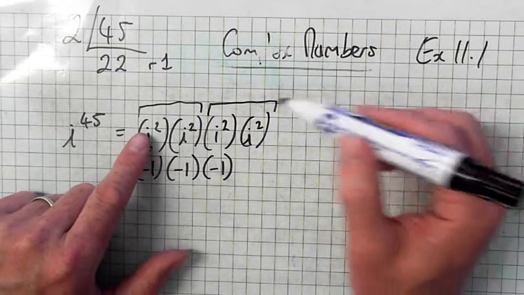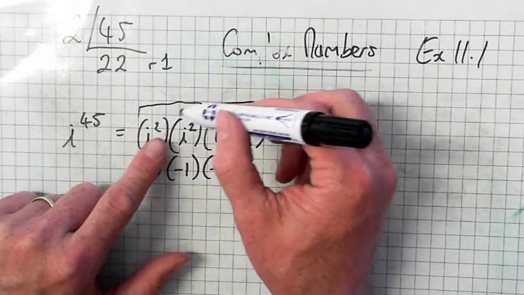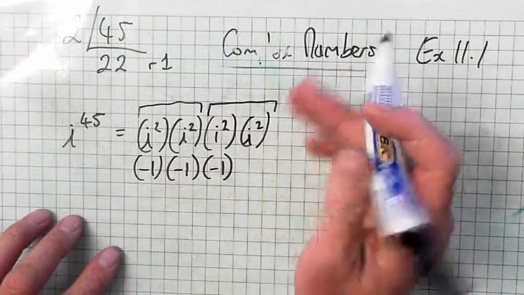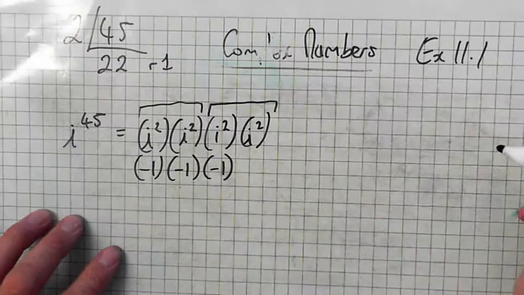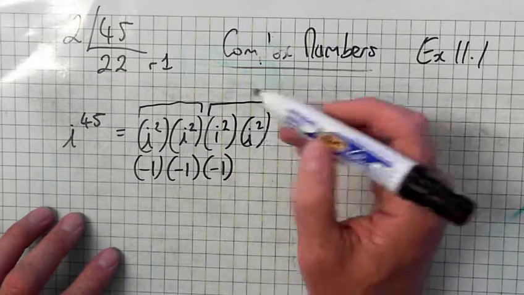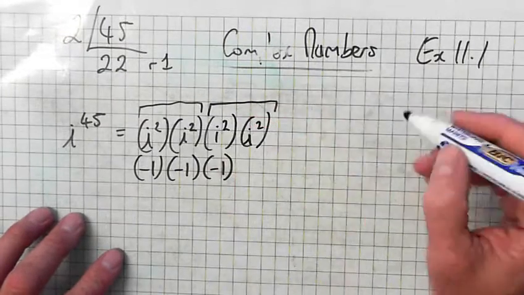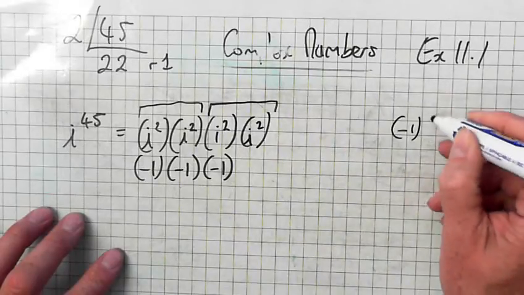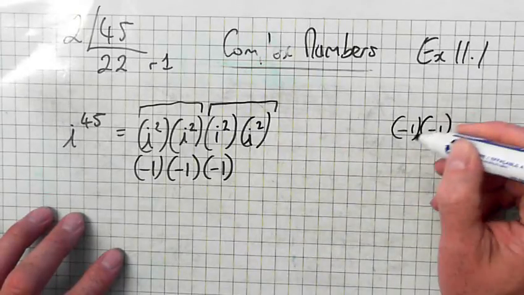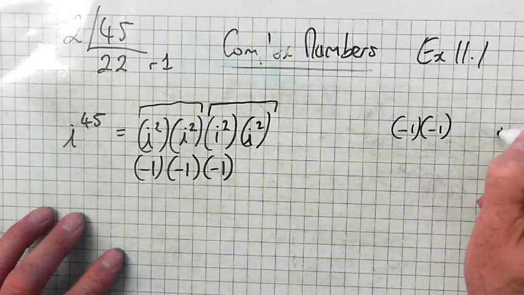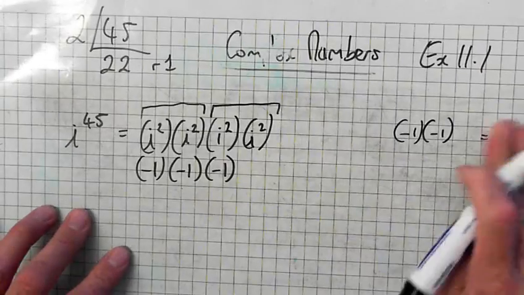So 22 of these in a row. It's an even number, so minus 1 times minus 1. For example, if it's an even number of minus 1s, you're going to end up with a plus 1, aren't you?